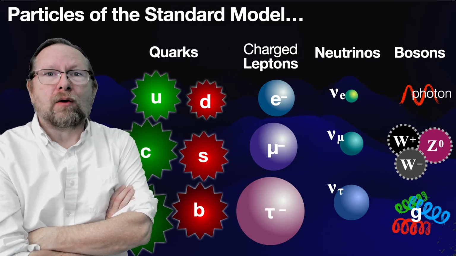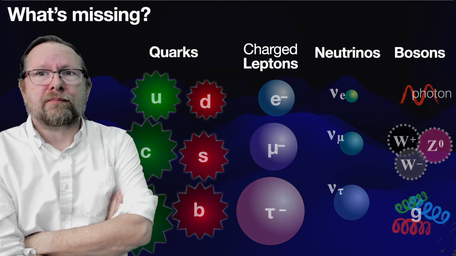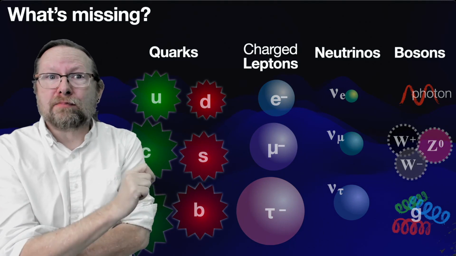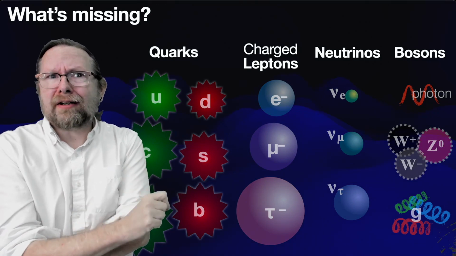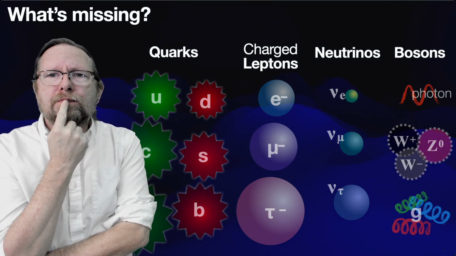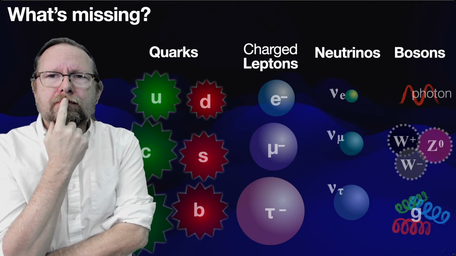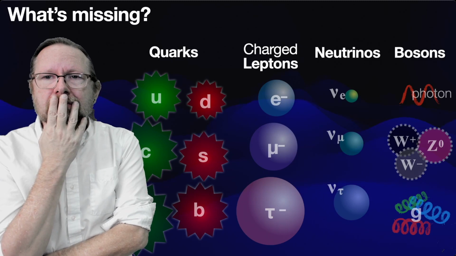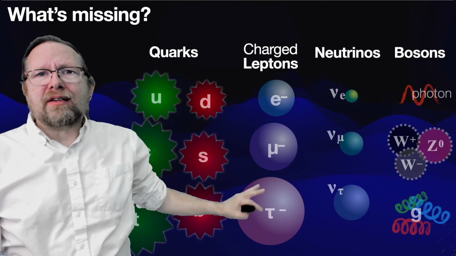Why almost everything? What's missing from this picture? A couple of things. First of all, there's a particle I didn't talk about called the Higgs boson, which was actually discovered fairly recently and has to do with why particles have mass. The electron and the muon and the tau have different masses.